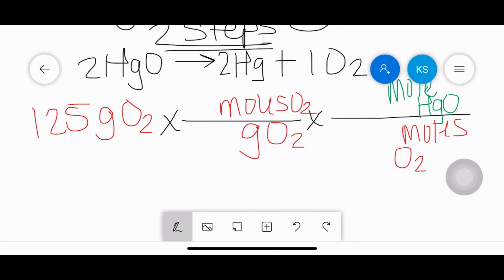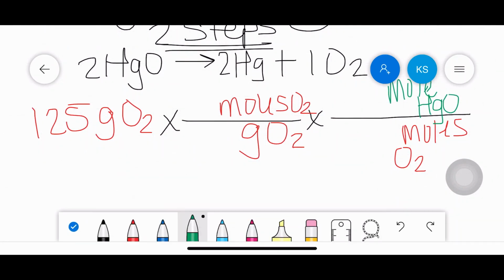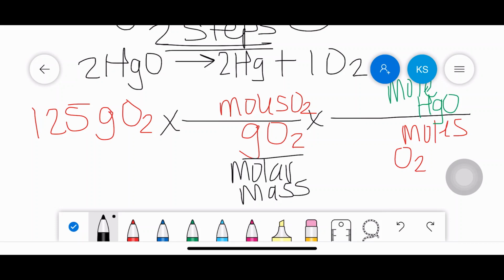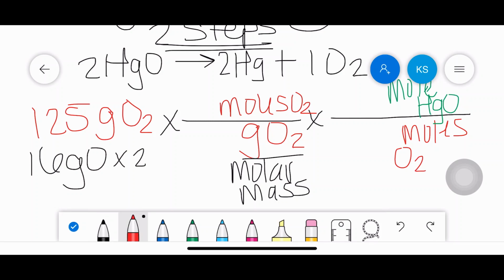So from here, we know that our first step, those moles of oxygen over grams of oxygen, that's our molar conversion step.